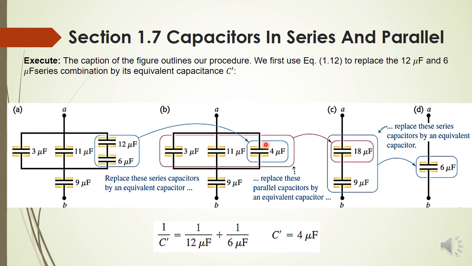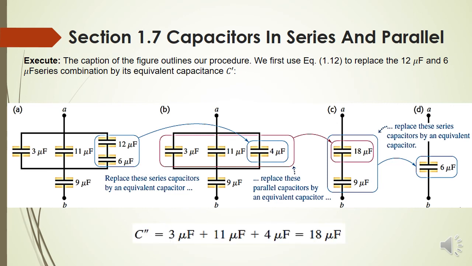Now, we have a parallel connection. This is our letter B. And when we are solving for a parallel connection, the equivalent capacitance is a combination of the 3 capacitances. So, 3 microfarad plus 11 microfarad plus 4 microfarad is equal to 18 microfarad.